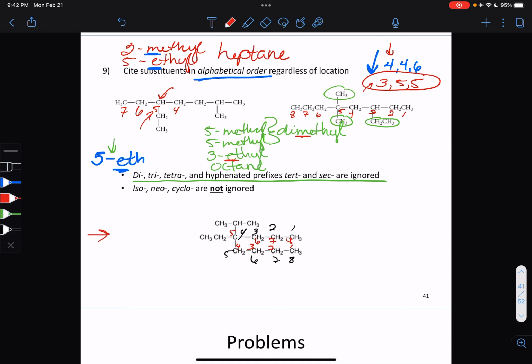Well, if we did the red numbering, it would put 2 branches on carbon number 5. Whereas if you did the black numbering, you would get those branches off of carbon number 4. So can you see how the black numbering is preferable to the red numbering there? Good, because you want a 4, 4 for your branches instead of a 5, 5.